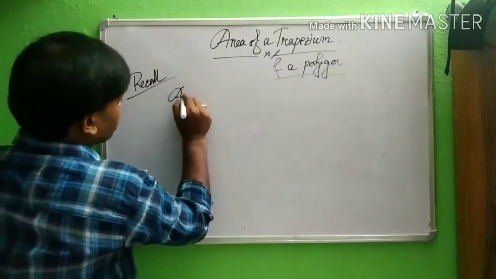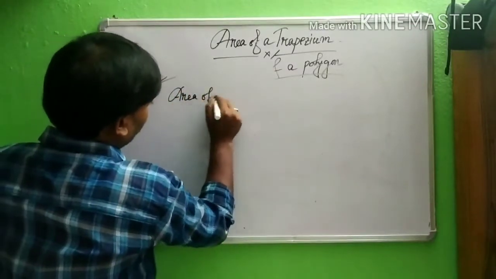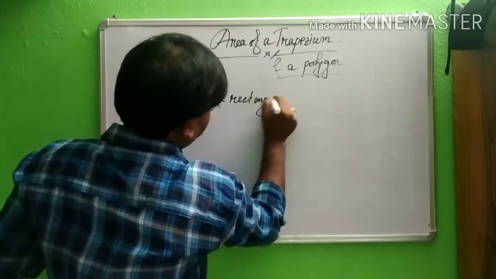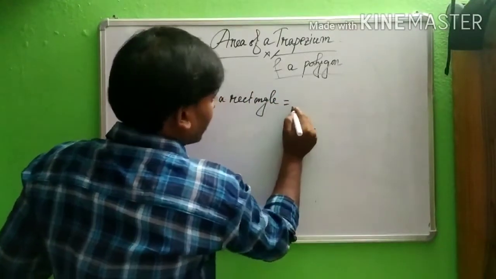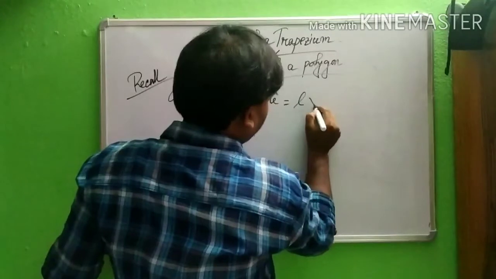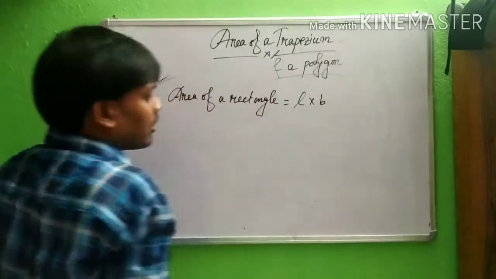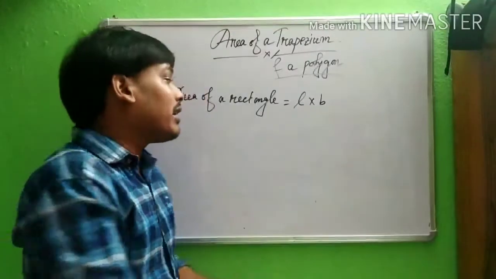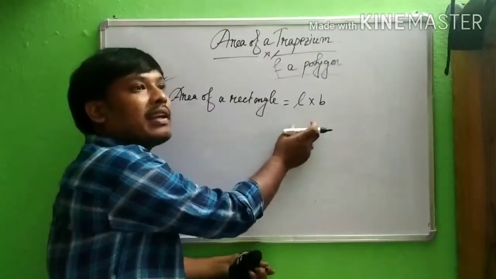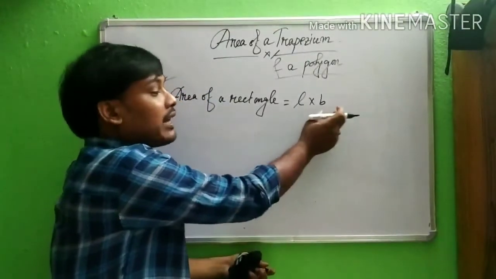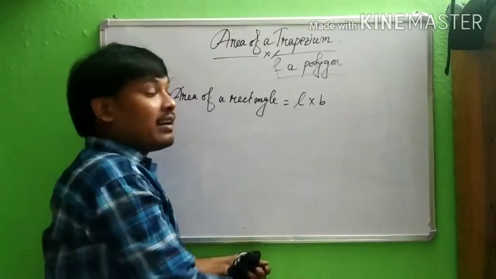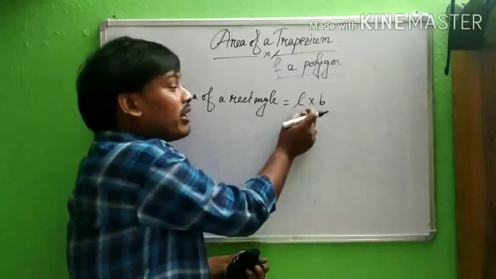Area of a rectangle. Everyone knows, area of a rectangle equals length into breadth. Okay. If you write length into breadth, then there is no need to write the unit, because when you put the value of length, there is one unit, and when you put the value of breadth, there is another unit. So unit into unit.